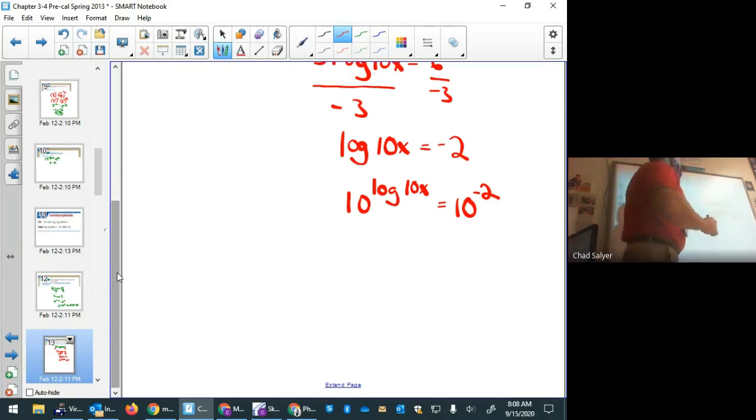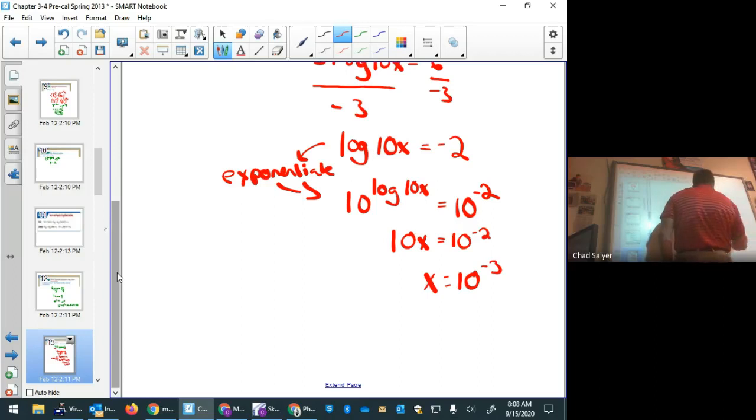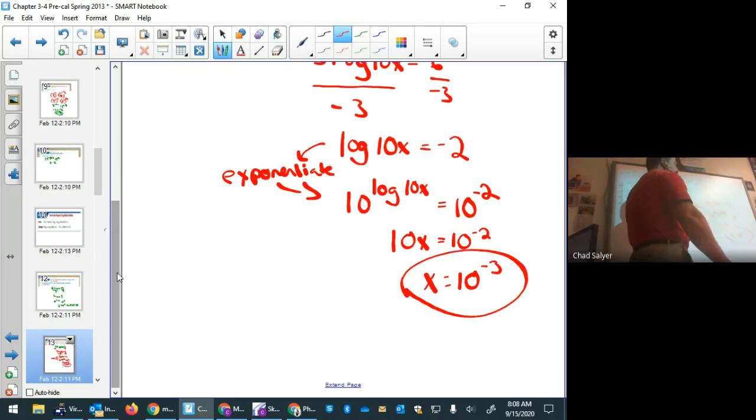It's called exponentiation. And so this becomes 10x. I divide both sides by 10. I'll get this value. Or 1 over 1,000 if you prefer.